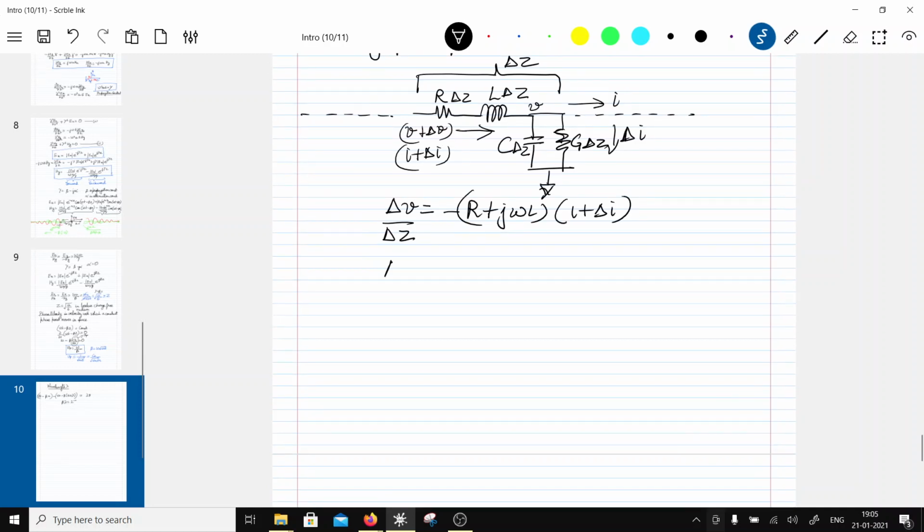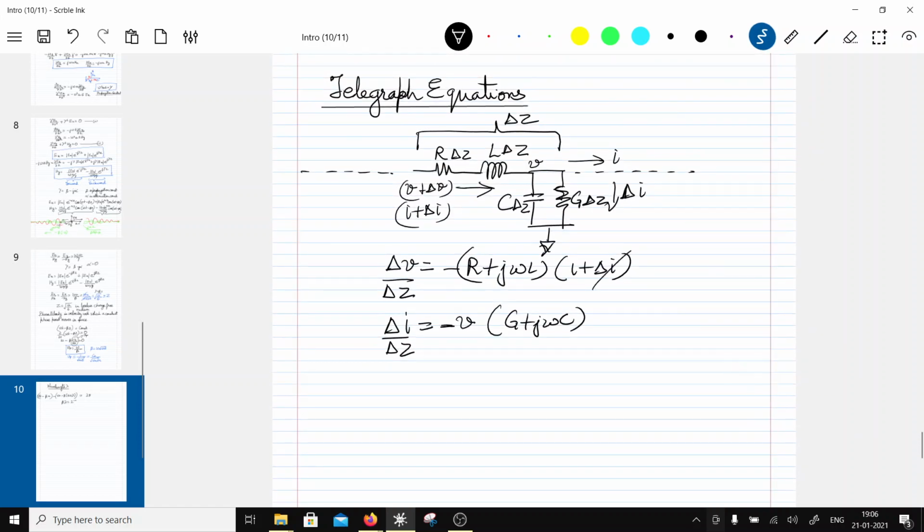Next equation: delta I would be equal to the current through G plus j omega C. So that would be written as V times G plus j omega C, but then it will be minus because it is decreasing, right? So these are the two equations.